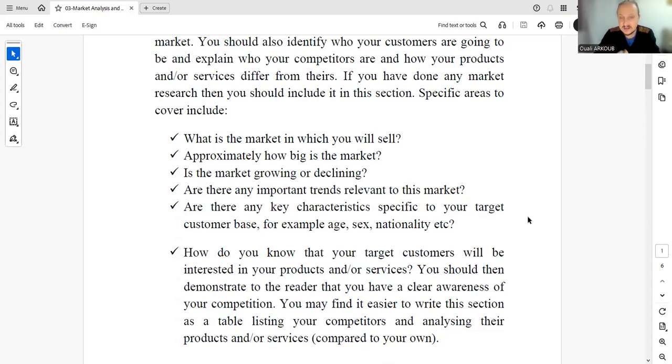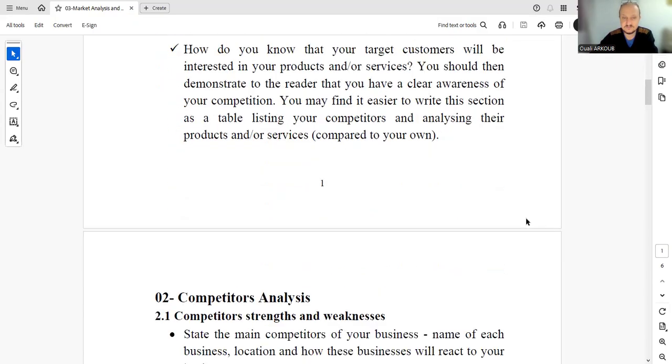You might find it easier to write this section as a table listing your competitors and analyzing their products and or services compared to your own, to determine the type of your competitive advantage, if you have a competitive advantage in your products or services compared to those of your competitors.